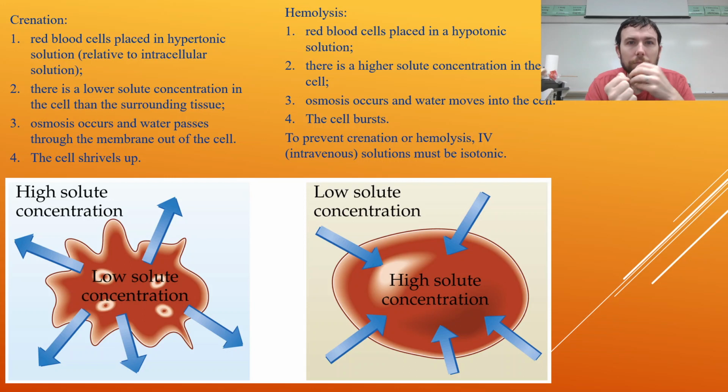Well, red blood cells are flexible. They are a little bit pliable, but eventually, if it gets too full, the pressure builds up too much and the cell bursts, right? And that would be problematic. If your red blood cells start bursting, that's not good, right? That's an understatement. Now, both of these things, crenation and hemolysis, we don't want either of those things to happen, right?